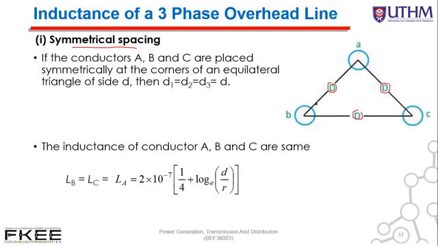Between A and B the distance is D, A and C also D, B and C also D. So if the conductors A, B, and C are placed symmetrically at the corners of an equilateral triangle of side D, then D1, D2, and D3 equal D. So the inductance of conductors A, B, and C will be the same, that is LB equal to LC equal to LA equal to this equation. This is for the case of symmetrical spacing.